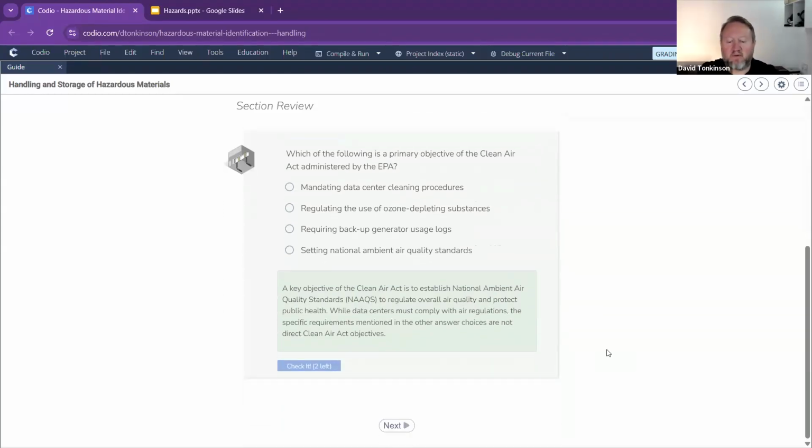Which of the following is the primary objective of the Clean Air Act administered by the EPA? See a few of you typing there. Let's see which one we get. D, B, D, B, D. So I'll give you a couple more seconds.